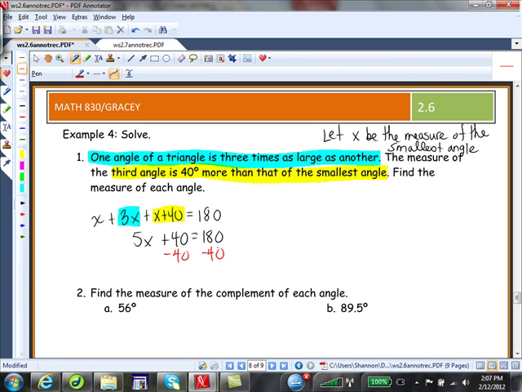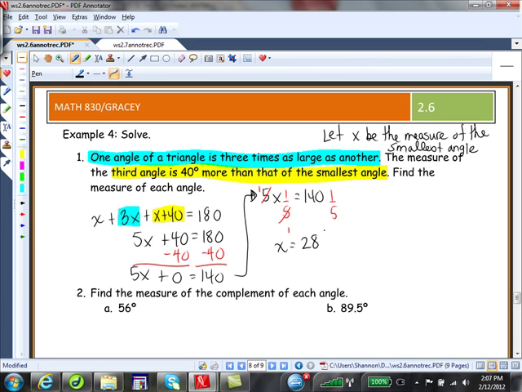Subtracting 40 from both sides, we will get 5x plus 0 is 140. So we have 5x is 140. So if we multiply both sides by 1/5, that divides out these here, and we'll get x is equal to 28.